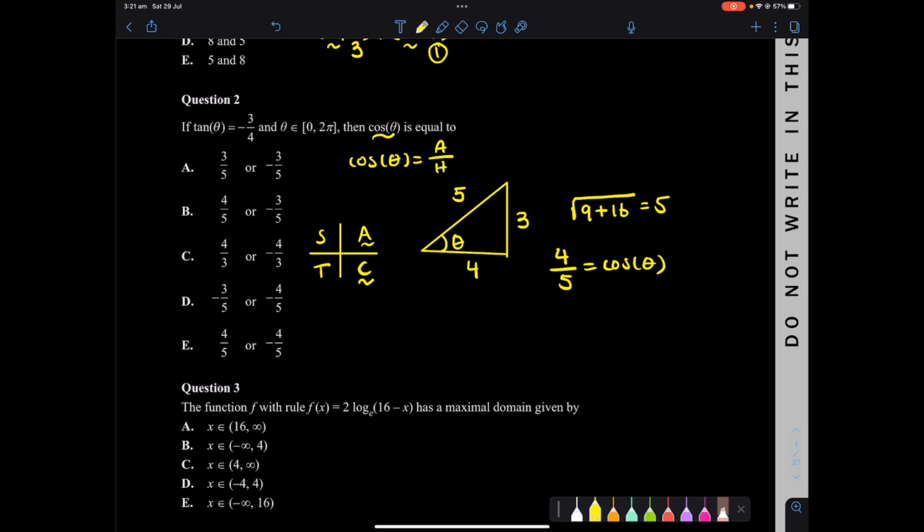In A, it's also positive. But in S, sine, it could be negative. So we don't know. So we would say plus or minus 4/5 is your answer, because it could lie between S, this quadrant, A, this quadrant, and C. These two will give a positive, but this will give a negative. So which one would that be? Looks like E is your answer.